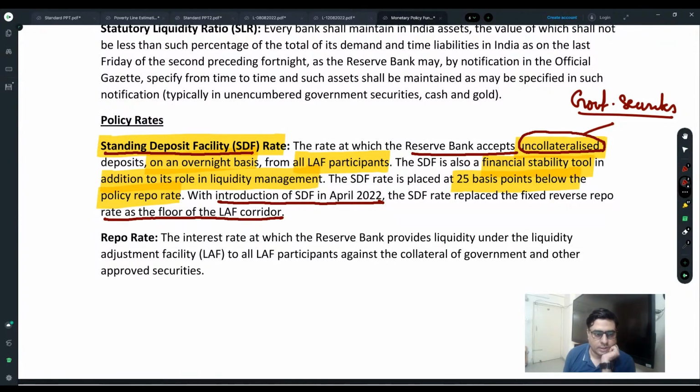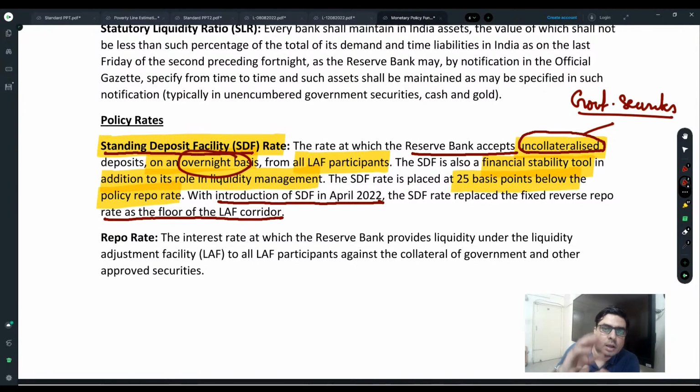But one more thing you have to focus on here: this is for what? Overnight basis. When a bank makes any investment, it is not an investment for a single day. That investment goes for at least 3 months, 1 year, 2 years, 3 years, up to 40 years.